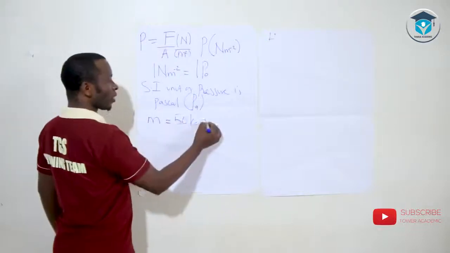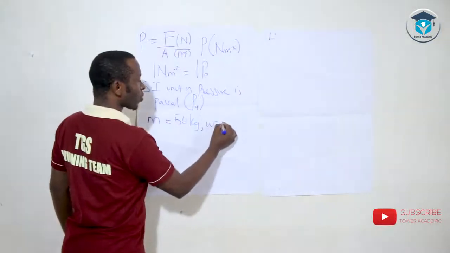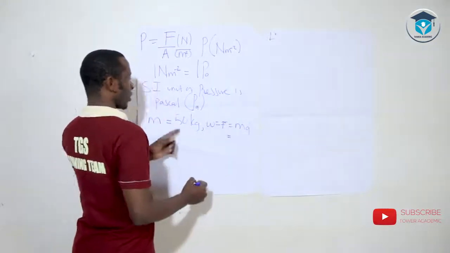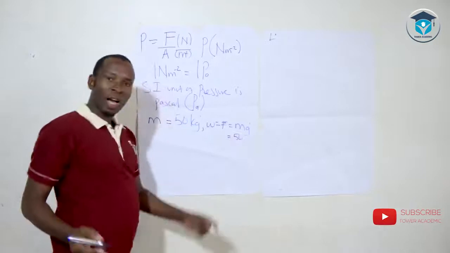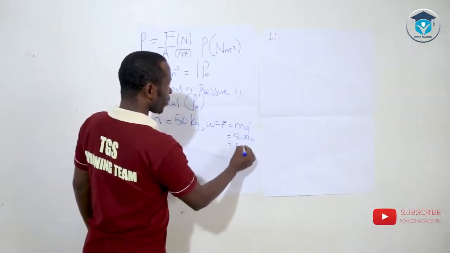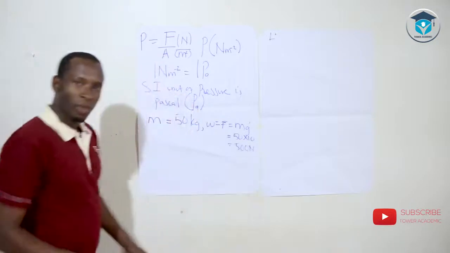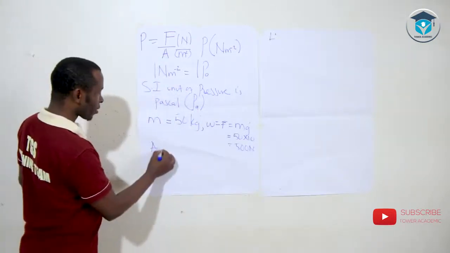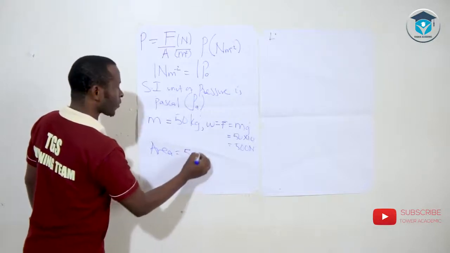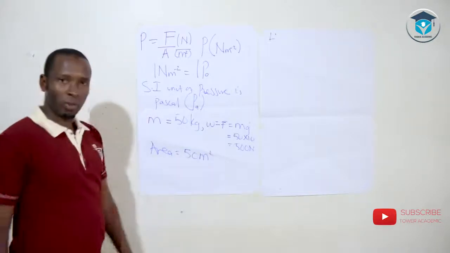So the weight here, which is our force, will be equal to mass times gravity, which is 50 times 10, giving us 500 newtons. We have said that the area is, let us say, 15 meters squared.